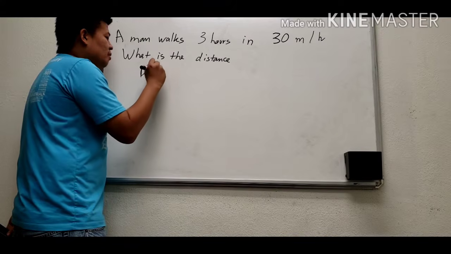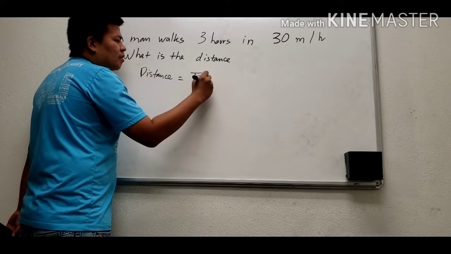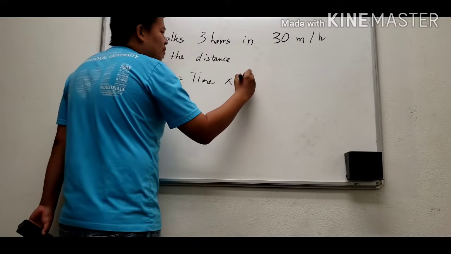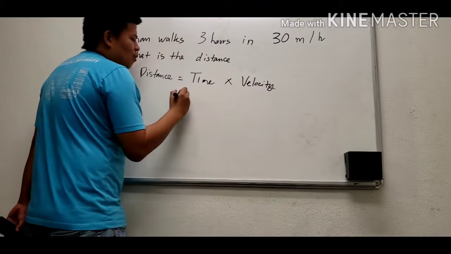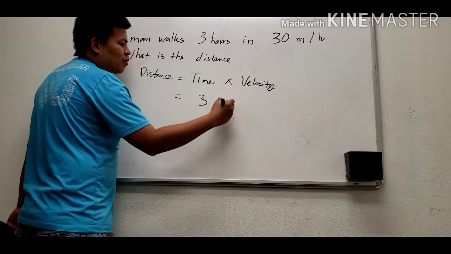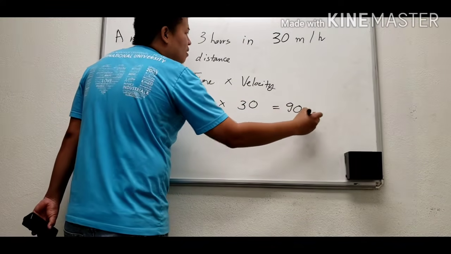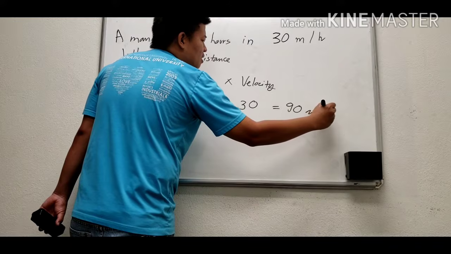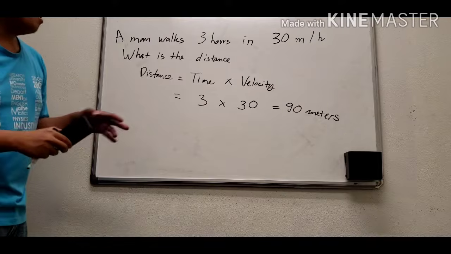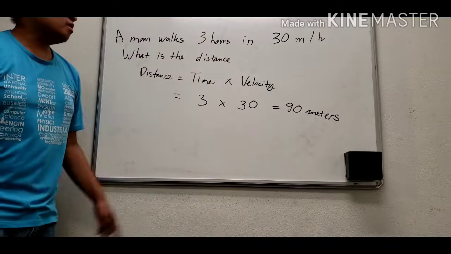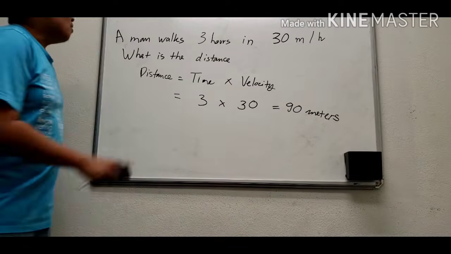The distance is time multiplied by velocity. We will have 3 multiplied by 30, which is equal to 90 meters. So the distance a man walks in 3 hours at 30 meters per hour is 90 meters. So that's the first one.